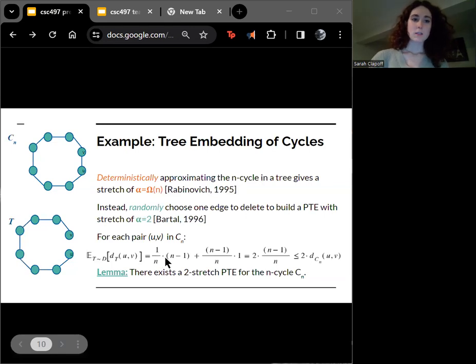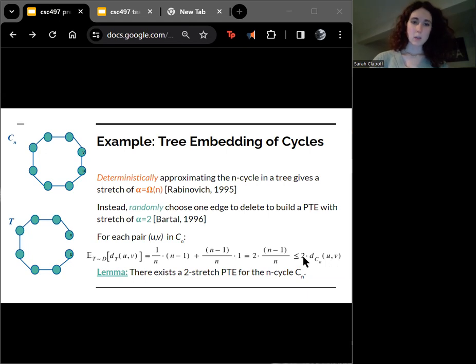And then the stretch is n minus 1, and that comes from deleting this edge here. So you have to go all the way around. Plus the probability that it wasn't chosen, which is n minus 1 over n, and then the stretch stays the same as 1.